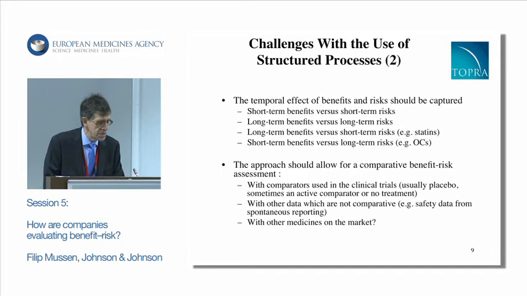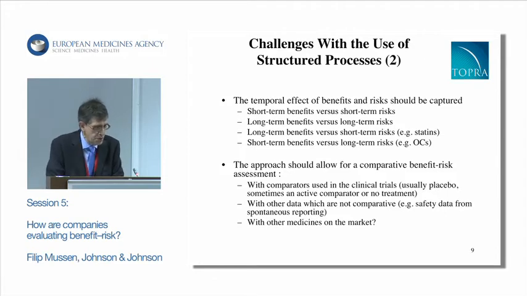Also, quite important is temporal effects of benefits and risks that need to be captured. Again, something that models, maybe with the exception of Kaplan-Meier curves, which is one of the models described in work package 2, we still need to do a better job on. So, for example, thinking about short-term benefits versus short-term risks, long-term benefits versus long-term risks, these are the easy scenarios.